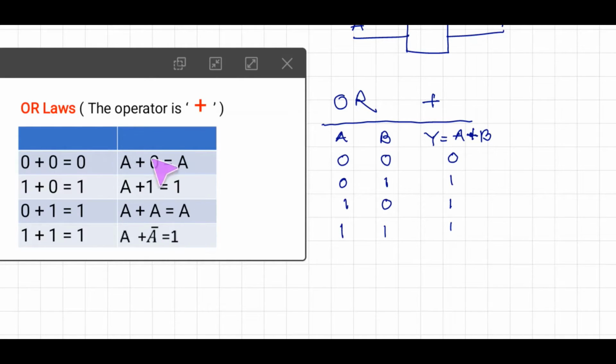So that you should understand. These are the laws associated with the OR gate, called OR laws. We are using these laws for simplification of the given Boolean expression, to simplify or reduce the circuit.